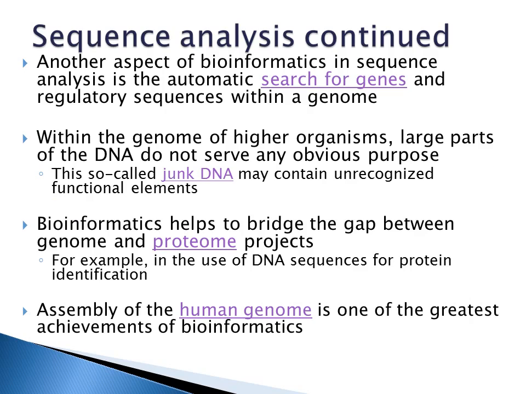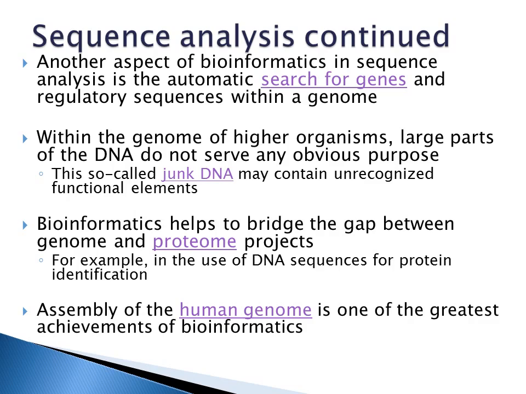Another aspect of bioinformatics in sequence analysis is the automatic search for genes and regulatory sequences within a genome. So not all of the nucleotides within a genome are genes, as we know. You have your exons and your introns, or your intergenic regions. So within the genome of higher organisms, large parts of the DNA don't serve an obvious purpose, or we don't know yet what these regions do. So right now these are referred to as junk DNA.